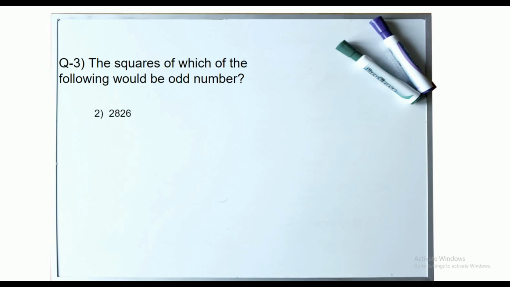Coming to the next example, this time we have 2826. The last digit of the number is 6.